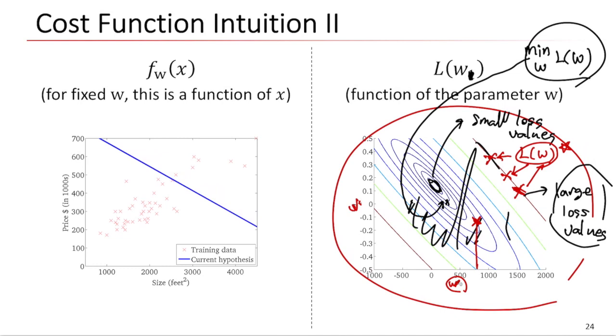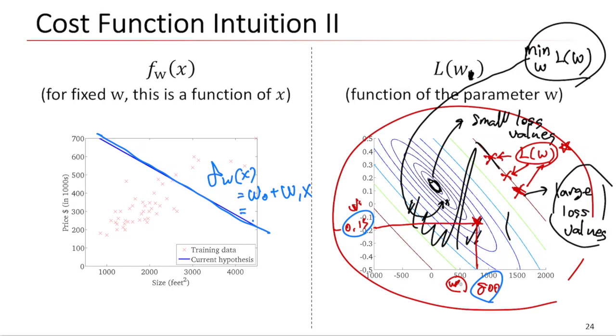So if W0 is equal to 800, and W1 is equal to negative 0.15, then the mapping function with these two variables looks like this. Why? Because we can represent this mapping function as W0 plus W1 times X.